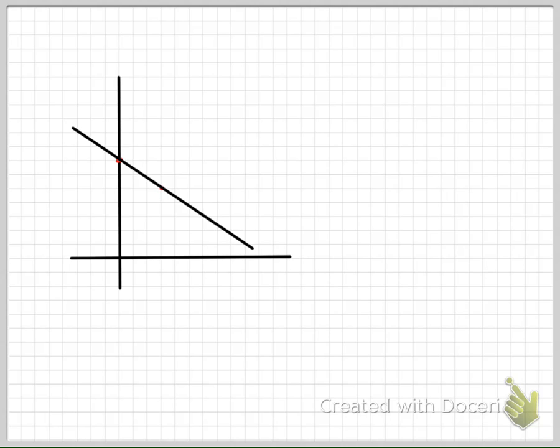Let's say I have a graph that looks like this, and I want to write the equation for this line.